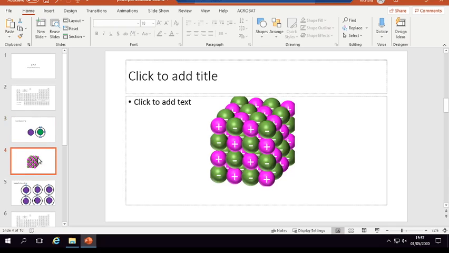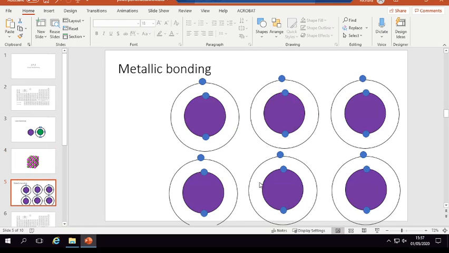This is one representation of it, a 3D lattice, a regularly repeating solid where everything is nicely arranged so that it's got all those nice attractions that it needs. So the attractions between negatives and positives are often the things that hold our structures together. That's ionic for you. If you're not sure what's going on there, look it up on BBC Bitesize or something.